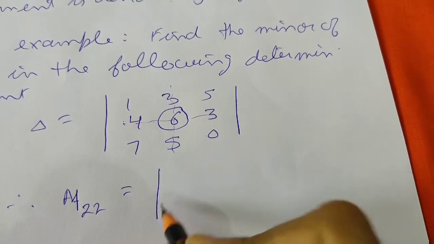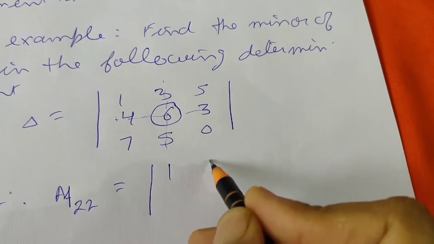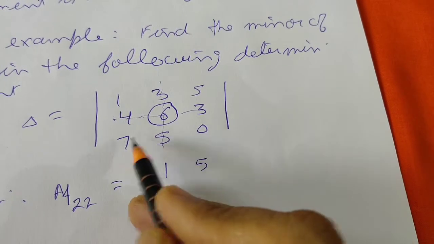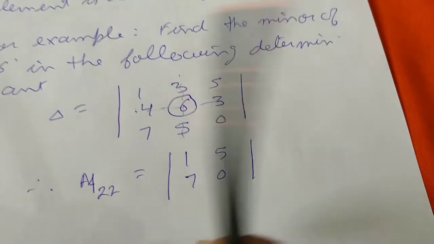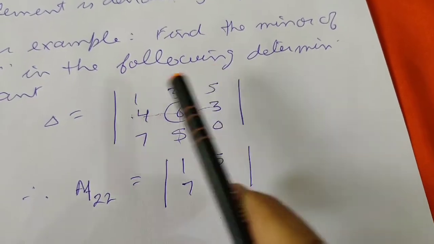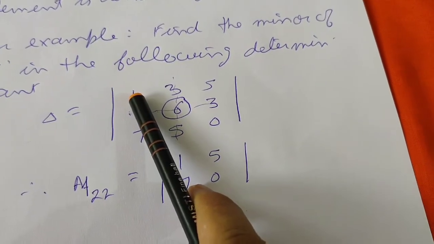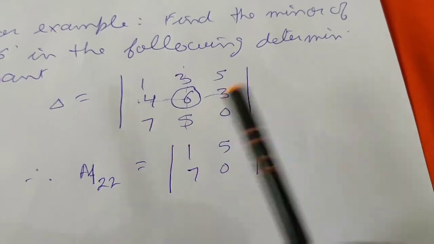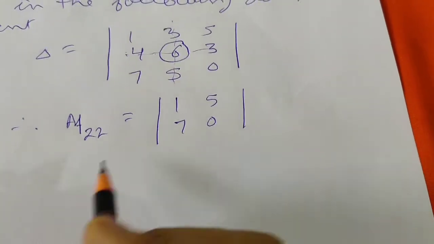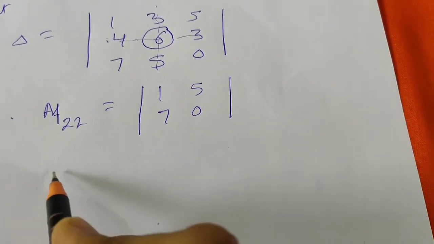Do not change their positions, let them be as they are: 1 and 5 in the first row, 7 and 0 in the second. We will not interchange them.